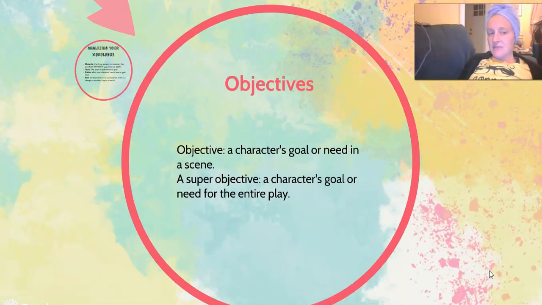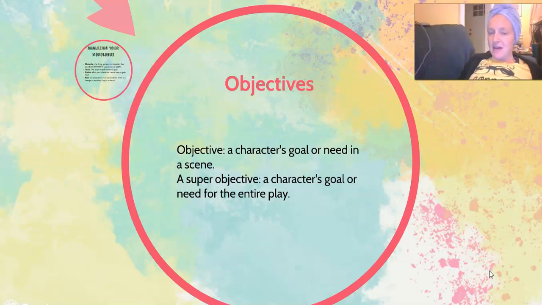Now, an objective is also something to be thinking about. You don't want to give a monologue without a sense of your purpose. So when you're planning out what you're saying, well, you usually have a script that already tells you what to say. Sometimes people write their own monologues, but if you're working with a script, there are already lines written out for you. You have to figure out though, what is the purpose of this scene? What do you want as the speaker? And so as you're looking at monologues today, you're going to be looking at a lot of different ones.